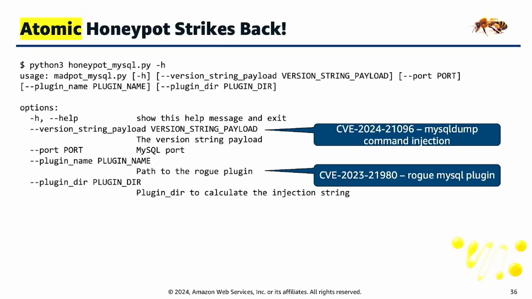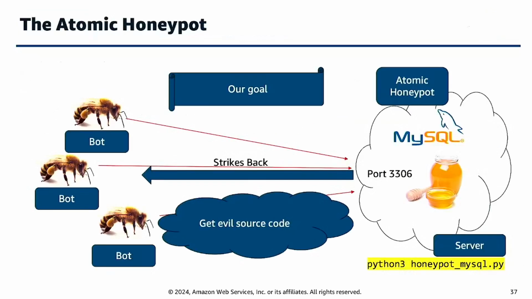The first option is to implement this CVE 2024 mysqldump command injection, and the second one is the rogue MySQL plugin that we presented in 2023. And then here's our Atomic Honeypot, and our goal is to get the evil source code.